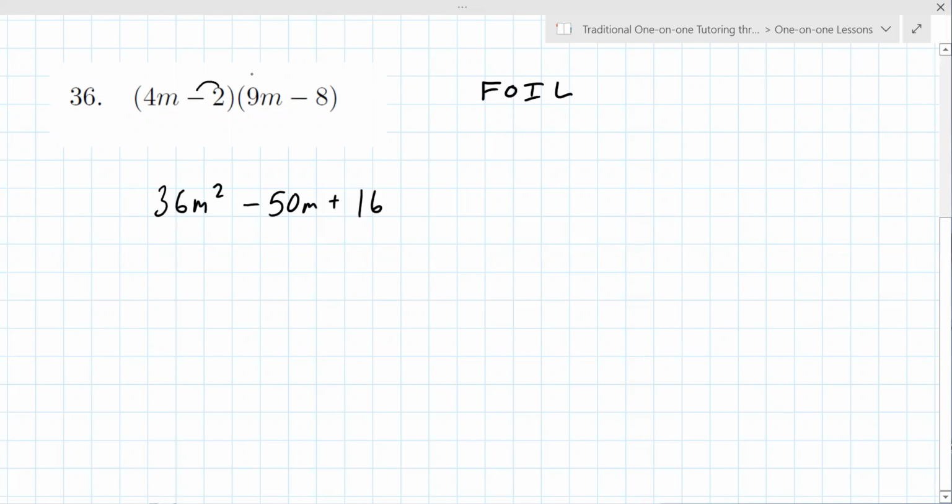Should be plus 16. Minus 2 and minus 8 give you plus 16.